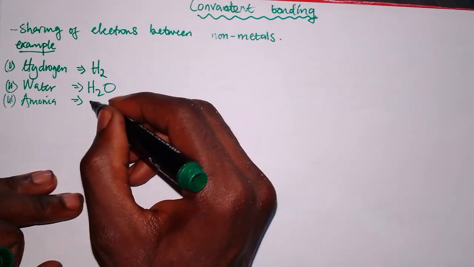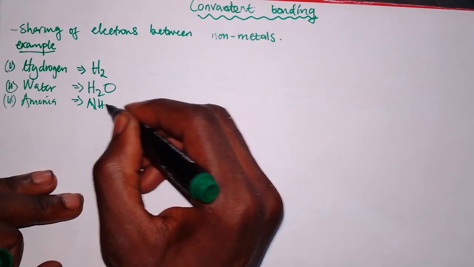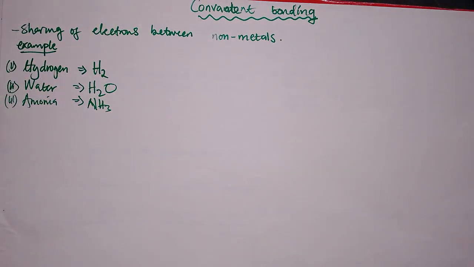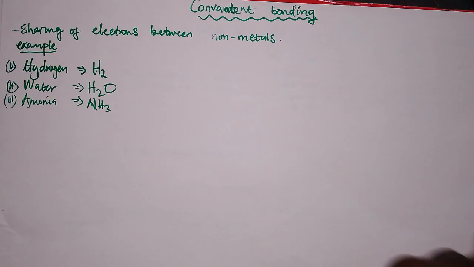These three examples I'm giving you, you need to pay particular attention to as we are trying to draw the cross and dot diagram. Now that we have known the examples, the next thing you need to know is how to draw covalent bonding, or how you can represent it in diagram form.